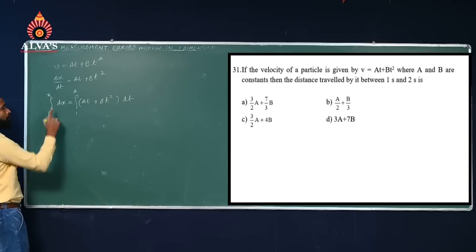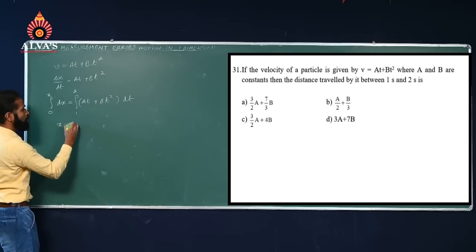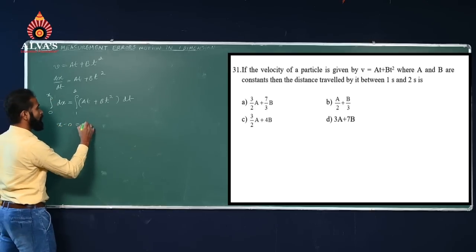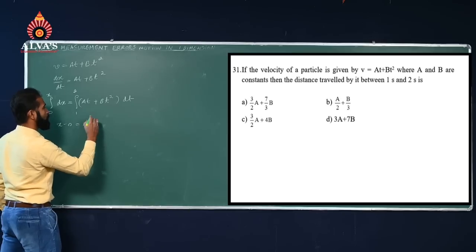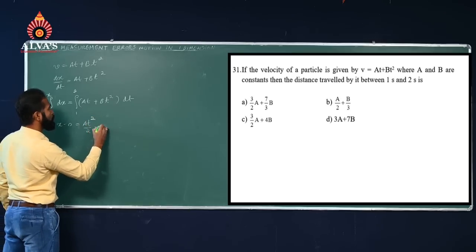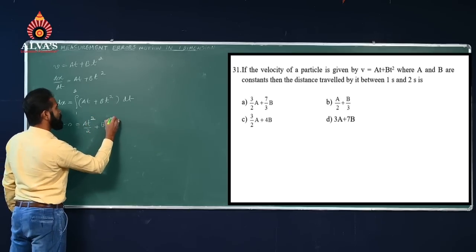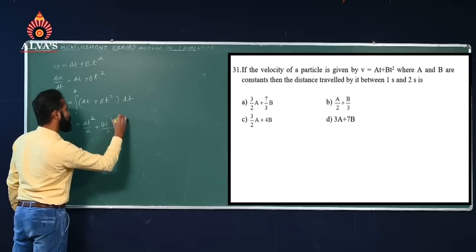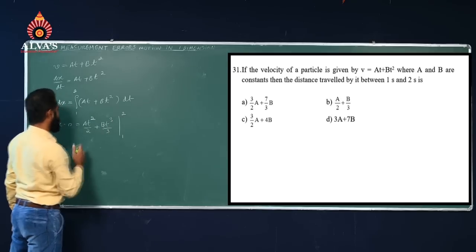So integration of dx will give you x minus 0. On the other side, it will give at² divided by 2 plus bt³ divided by 3 between limits 1 and 2.